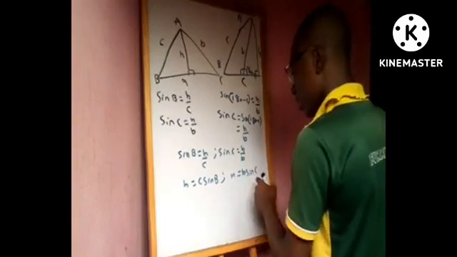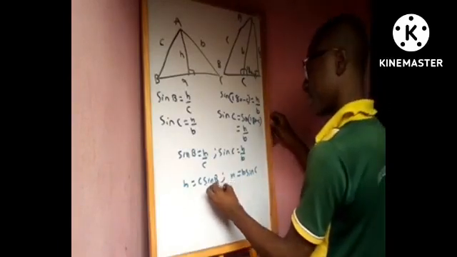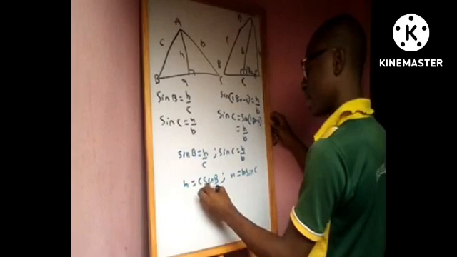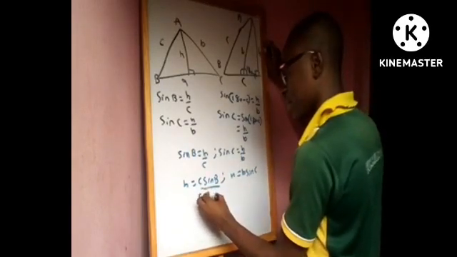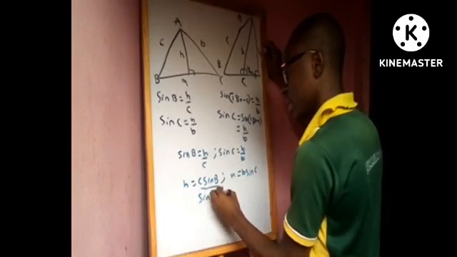So if C sine B equals B sine C, let's divide both sides by sine B sine C.